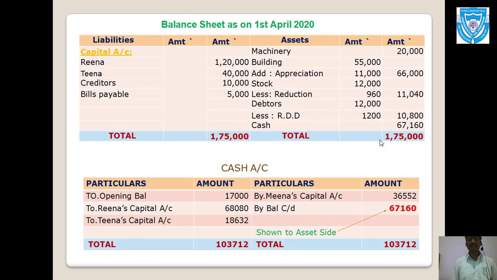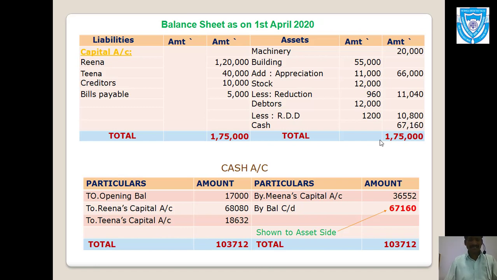Now we have to consider 1,000 plus 200. Debtors 12,000 less RDD rupees 1,200 and outer column rupees 10,800. And at last cash account, we have found out the balance of cash, closing balance, that is 67,160, and it is taken to balance sheet side.